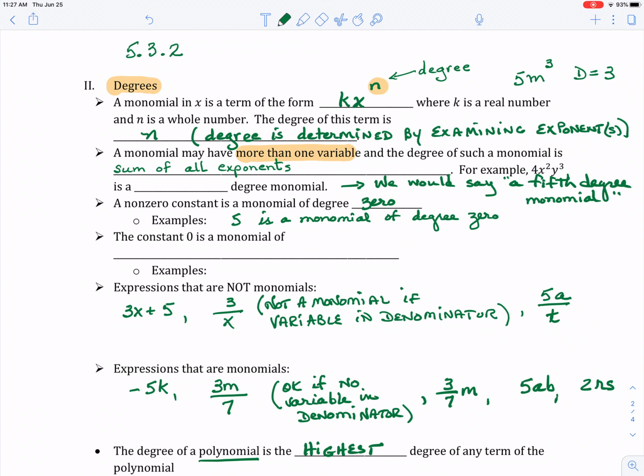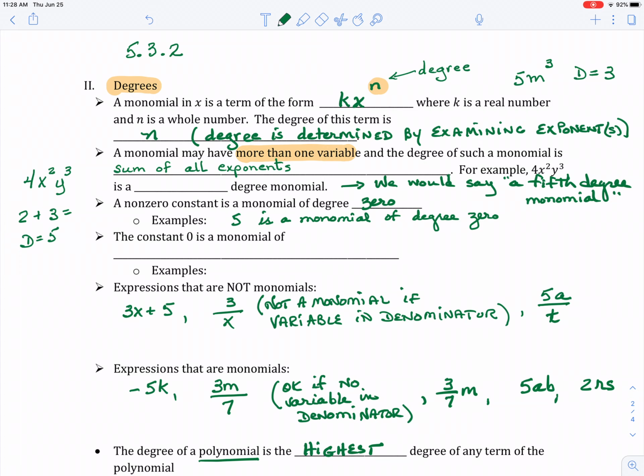So on this example that we have here, 4x squared y cubed, you can see there we have two variables. The degree on the first variable is 2, the degree on the second variable is 3. So we would say this thing has a degree of 5 because 2 plus 3 is 5. We'd call it a fifth degree monomial.